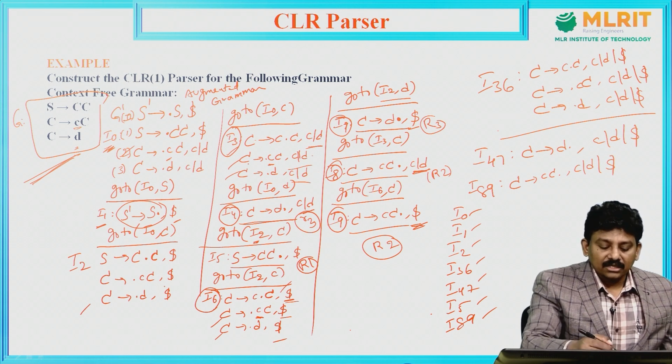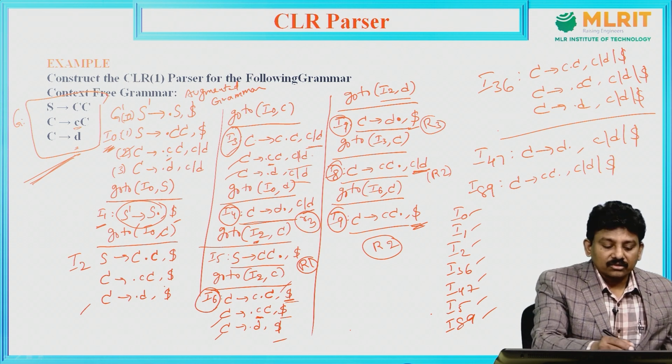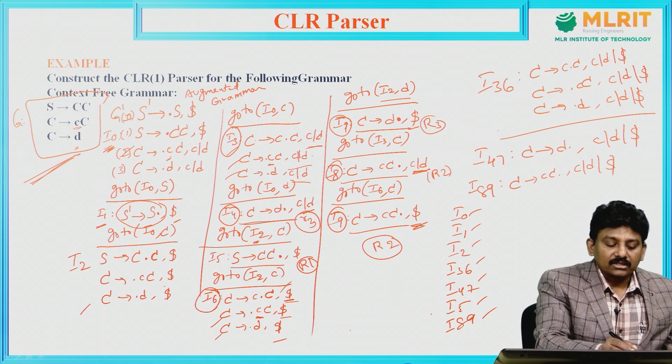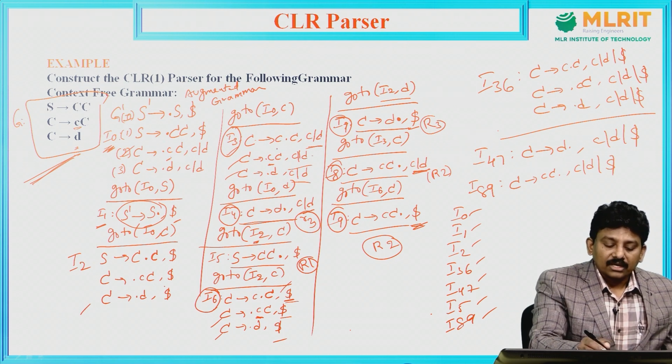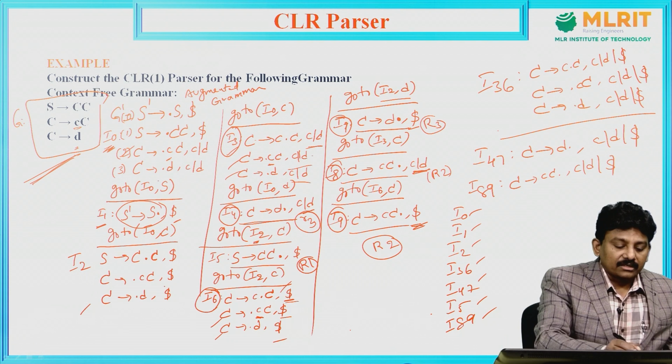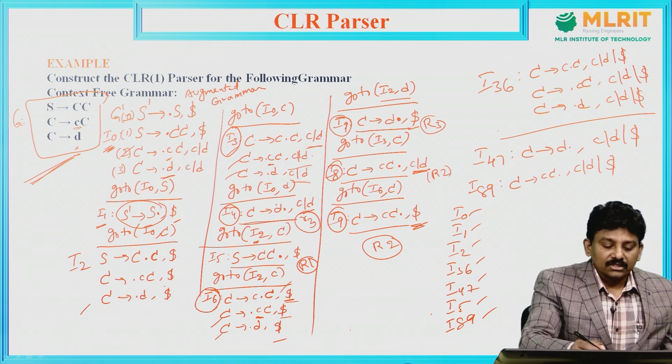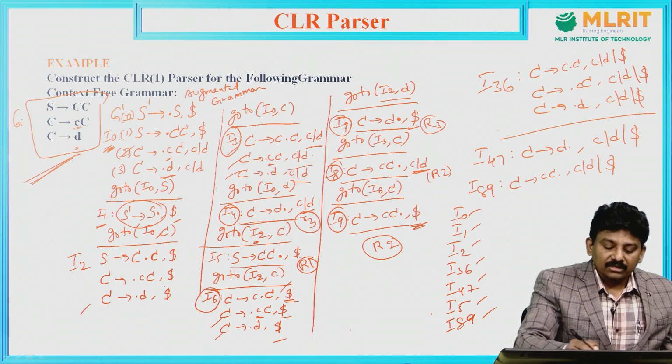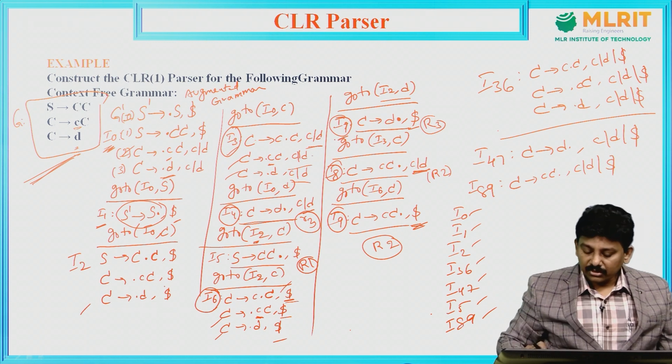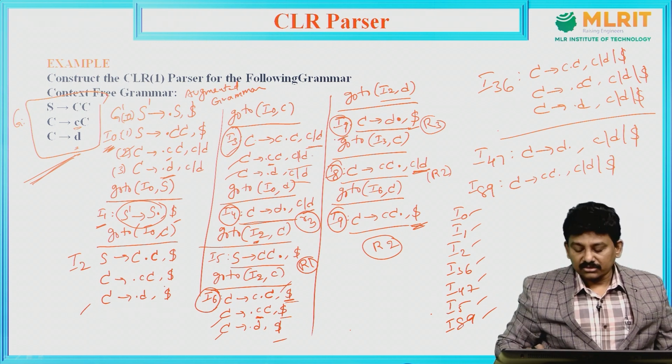Now I3 and I6 are merged, so that from I0 on small c we are going to I36. From I0 on small d it is going to C derives d dot. I4 and I7 are merged, so that we are going to I47.